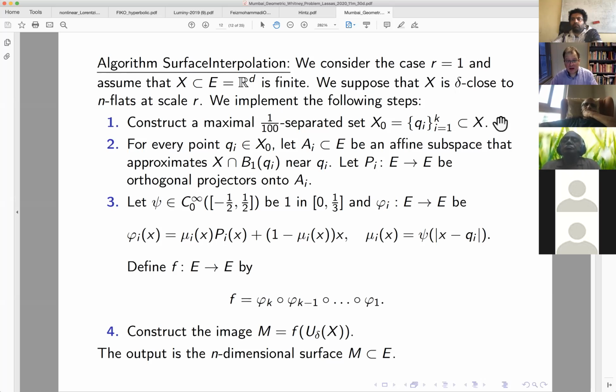We take a maximal set of points where all points are separated by 100, so the mutual distances of all points are at least 100. Then for all points in this coarse net, we know that there are some affine subspaces, so that locally, in the ball of radius 1 centered at the point Qi in this coarse net, X is close to this affine plane. And let Pi denote the orthogonal projectors onto these affine spaces.